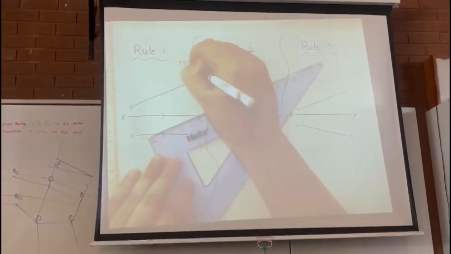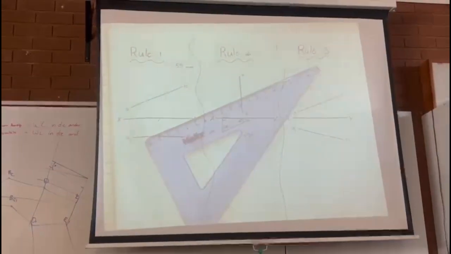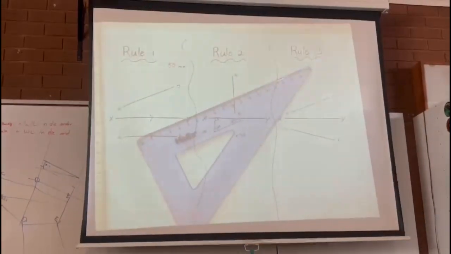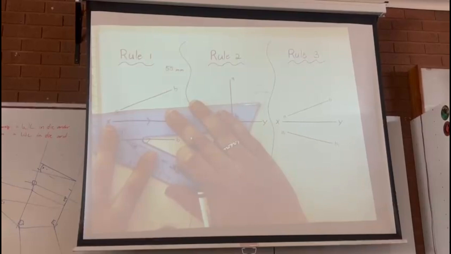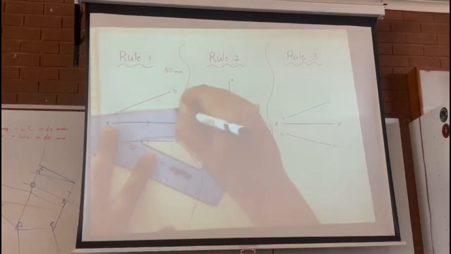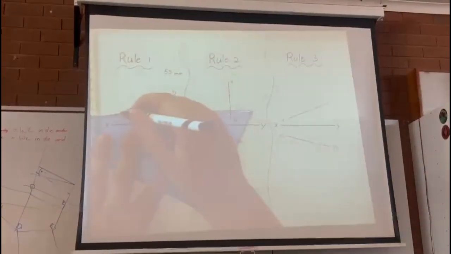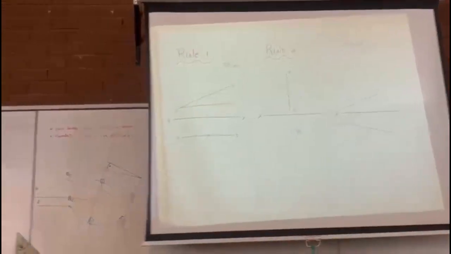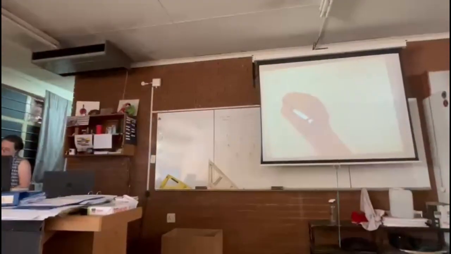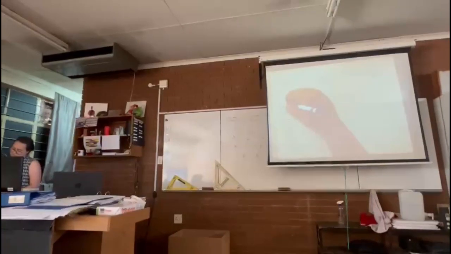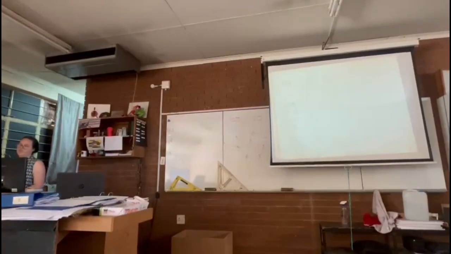Remember, EGD is always measured in millimeters. And then for the true inclination, just find the xy line, just make it perpendicular. And then we just take our compass and we would mark out the angle from the xy line.